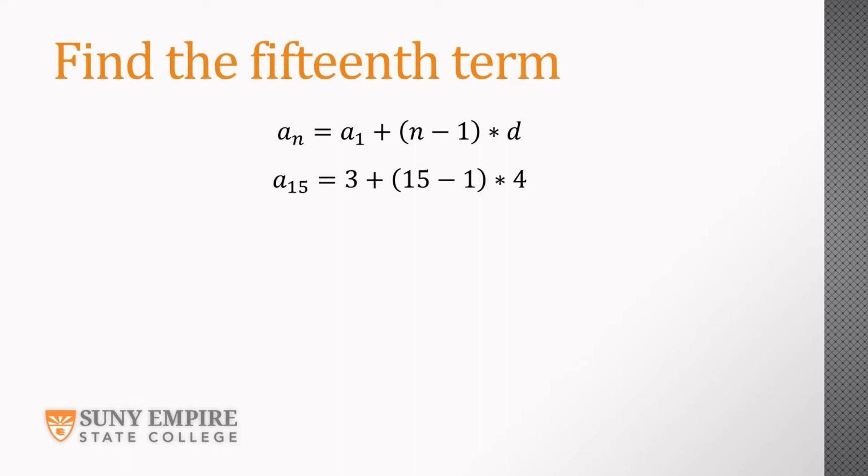Plugging in, we have a sub 15 equal to 3 plus the quantity 15 minus 1 multiplied by 4. Subtracting, a sub 15 equals 3 plus 14 multiplied by 4. Multiplying, a sub 15 equals 3 plus 56. So a sub 15 equals 59.